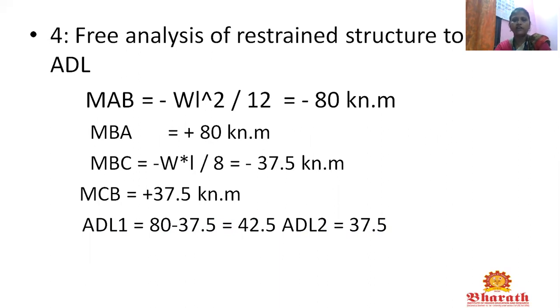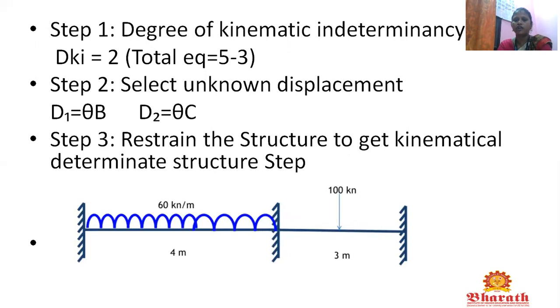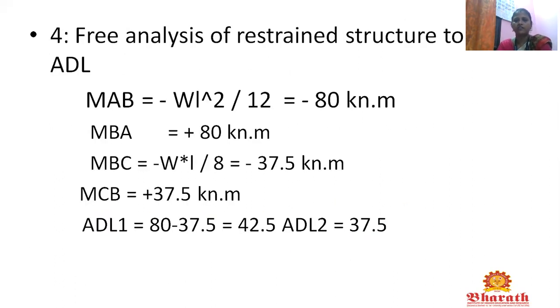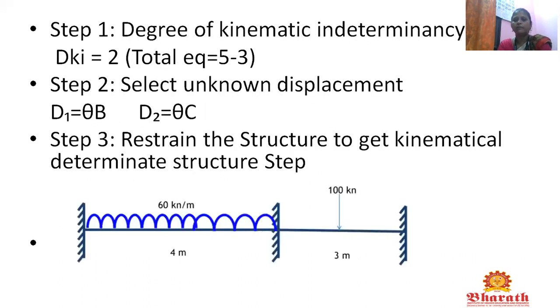Similarly for the fixed end moment MBA, the moment is rotating in a clockwise direction, so with a positive sign. The load and length are the same, so we get the moment with a positive sign, that is plus 80 kilonewton meter. Similarly, we have to find the moments for span BC, from B to C and C to B.